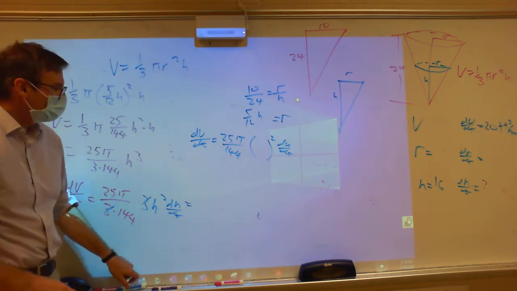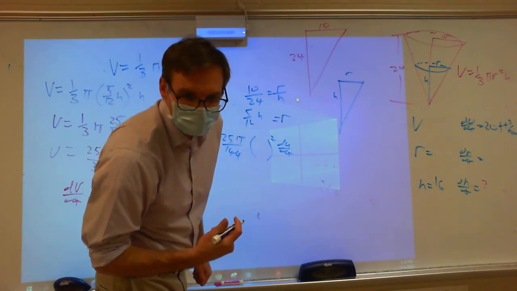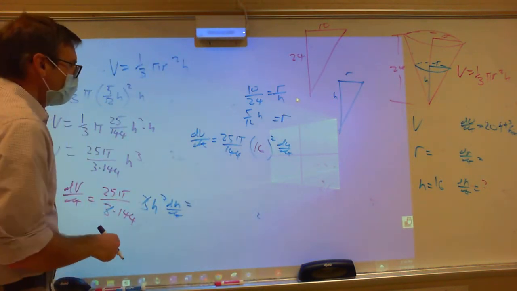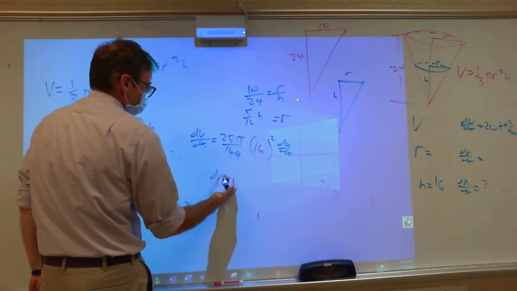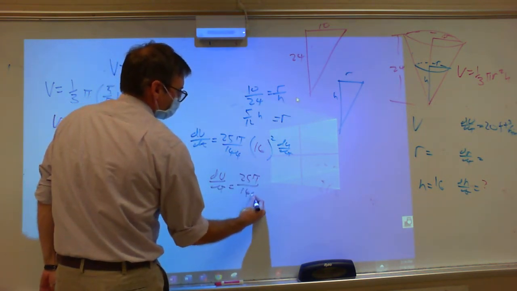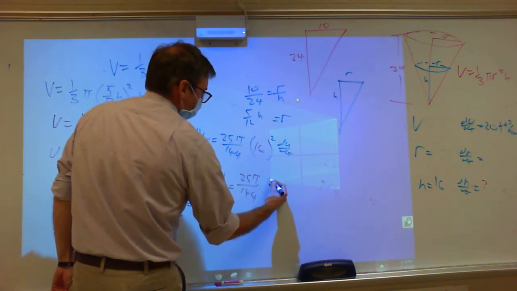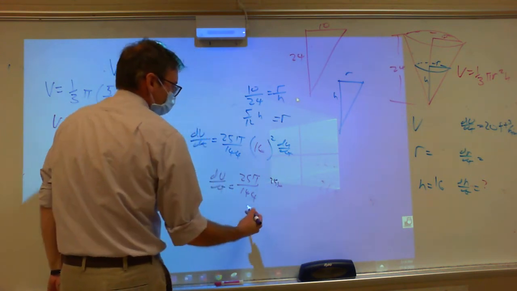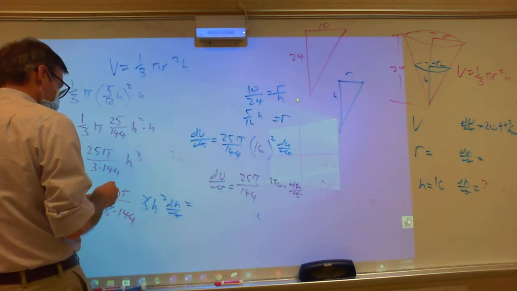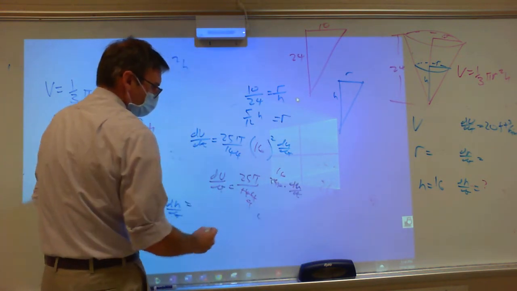Okay. What was h? 16. And so let's see, we get dV/dt is equal to 25 pi over 144, 16, let's see, so that's 256 times dh/dt, and let's see, 16 goes into 256 16 times, and 16 goes into this 9 times.